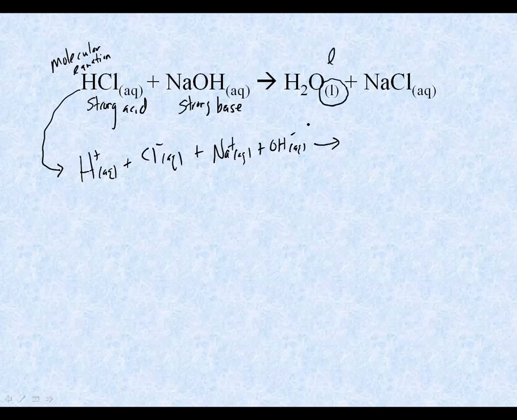If you remember, when we do our total ionic equation, we keep together anything that's a solid, a liquid, and a weak electrolyte. So in this case, we would not break apart the water because it is a liquid. The sodium chloride, on the other hand, would break apart into its ions. And this would represent our total ionic equation.